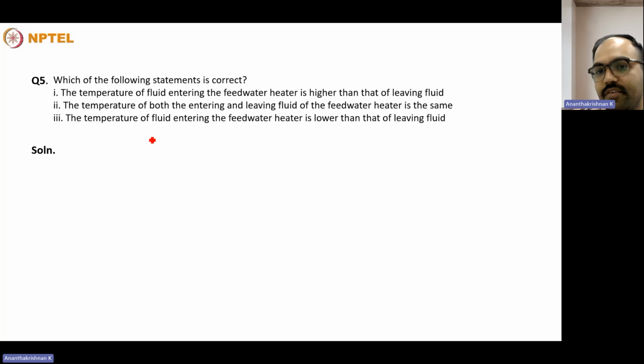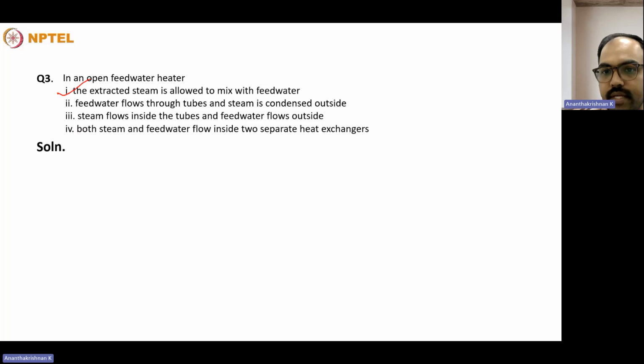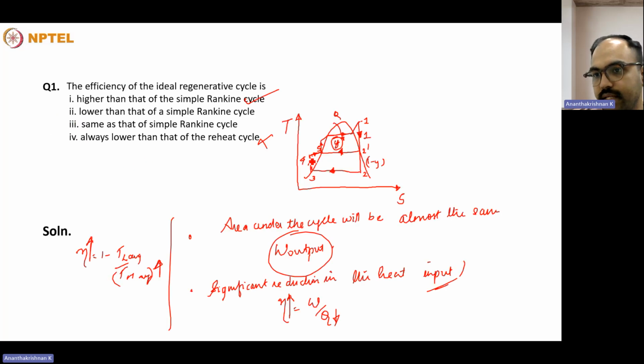So this is slightly confusing. What I meant to say is that if you consider the fluid entering at this particular point, a portion of the steam at a higher temperature will be condensing, and the enthalpy of vaporization will be transferred to the fluid, taking it up to these saturation conditions.